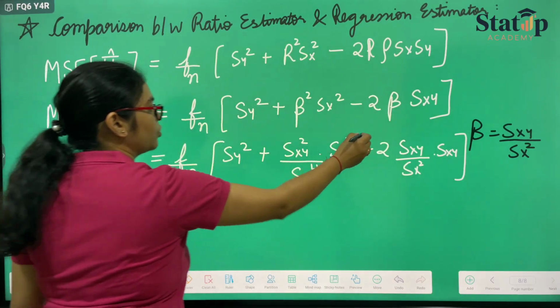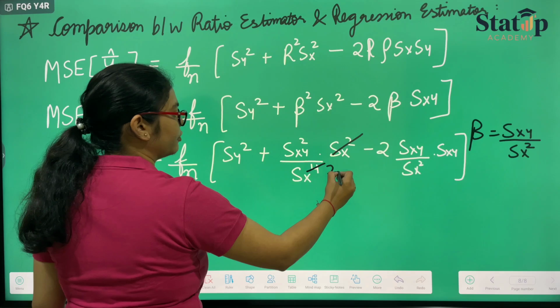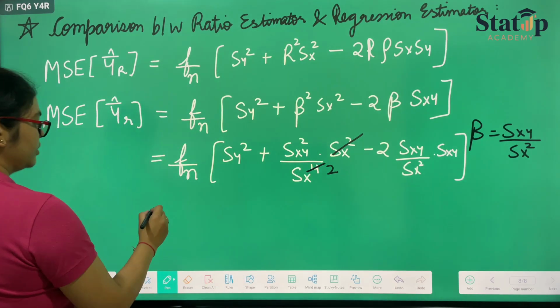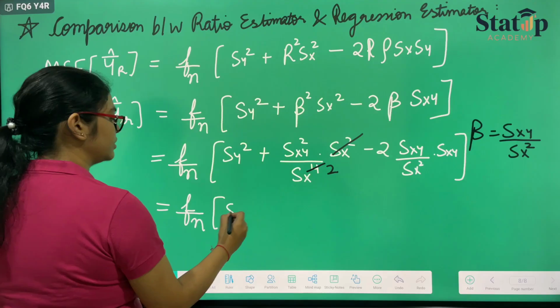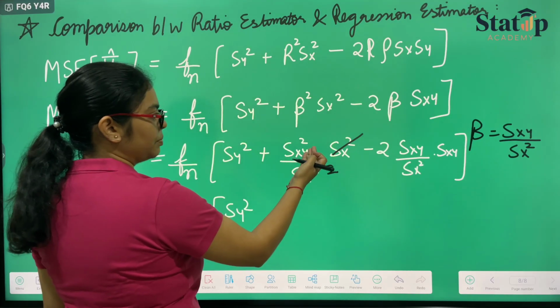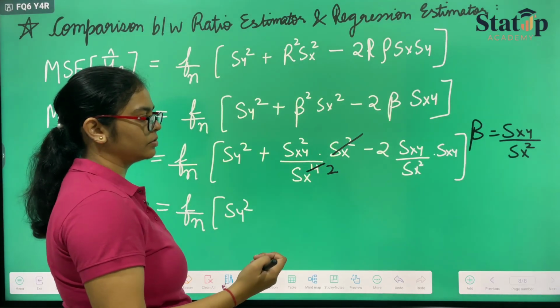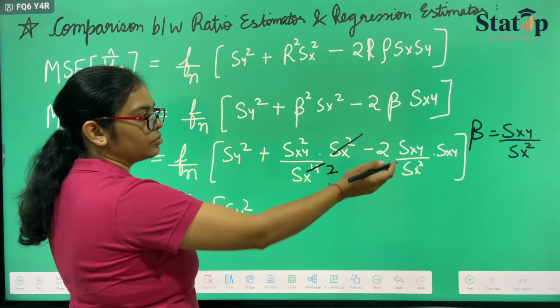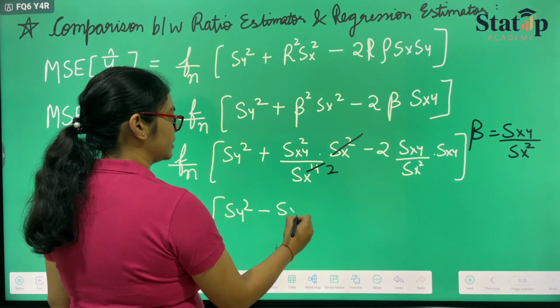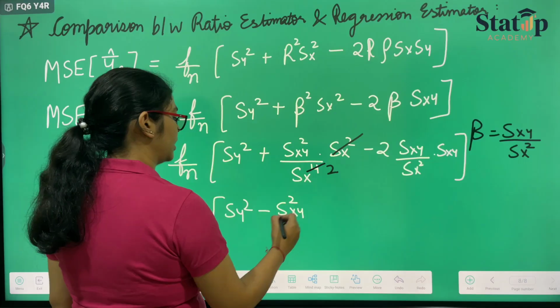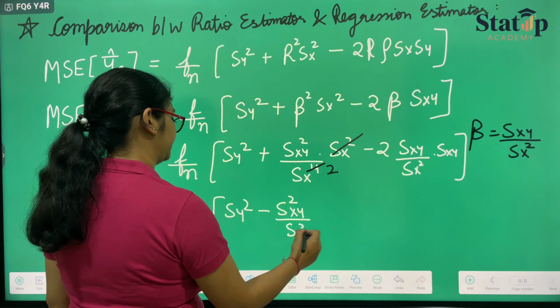Here this 2 will get cancelled by this 4 and it will be 2 only. So it will be f by n into Sy square plus Sxy square upon Sx square minus 2 Sxy square upon Sx square, so it will be minus Sxy square upon Sx square.